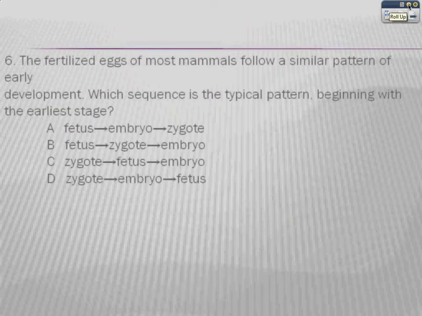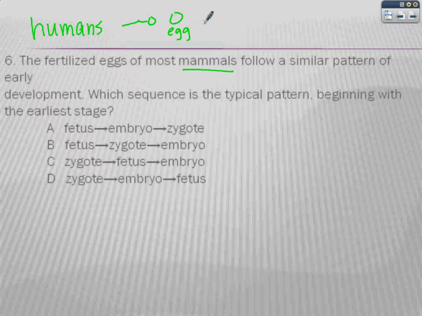Okay, the fertilized eggs of most mammals follow a similar pattern of early development. Which sequence is a typical pattern beginning with the earliest stage? Okay, if we're talking about mammals, remember mammals are humans. And so humans, we got the sperm fertilizes the egg. That becomes the zygote.